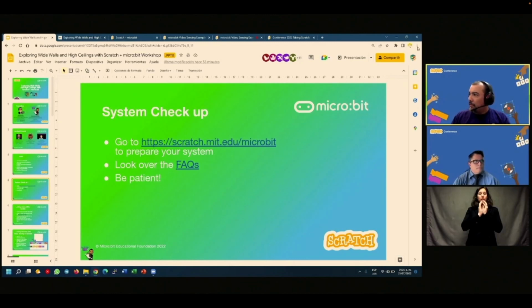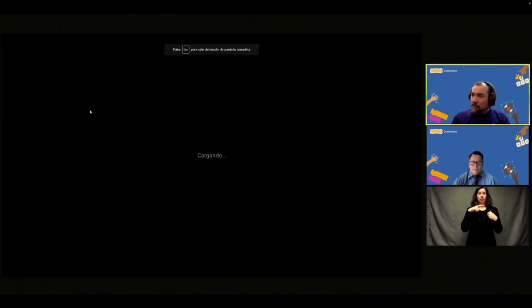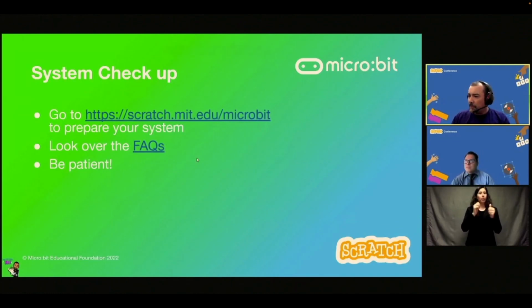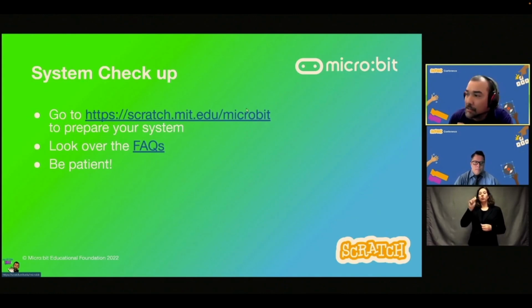this section of the presentation because I think that this is what most of us have problems doing. So it's really easy because Scratch has already prepared a very good tutorial in this link, scratch.mit.edu/microbit.